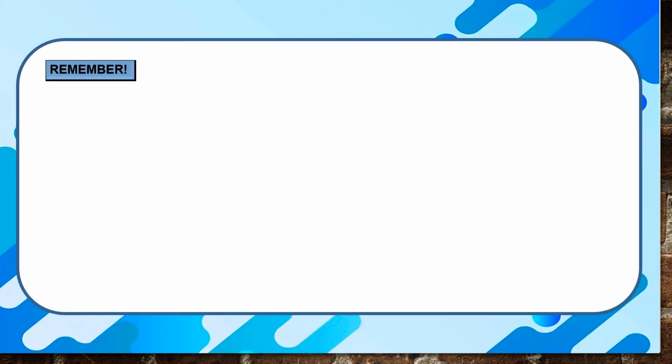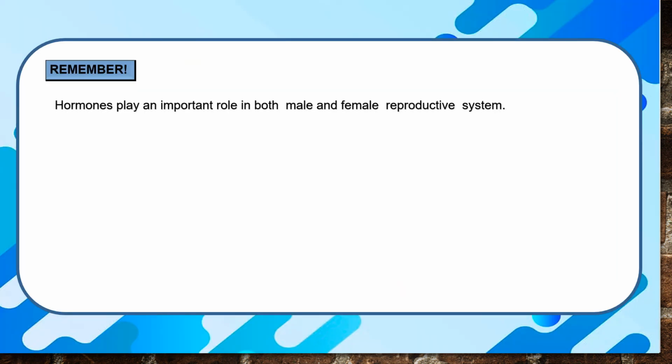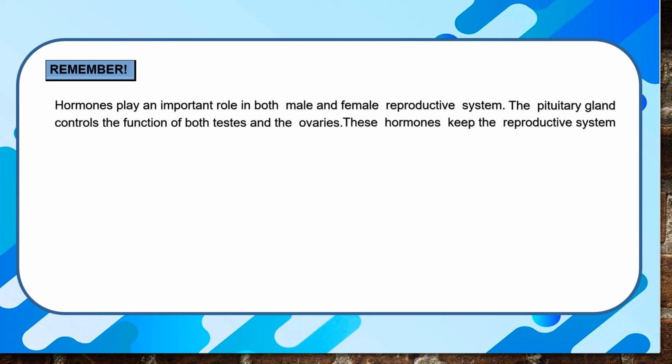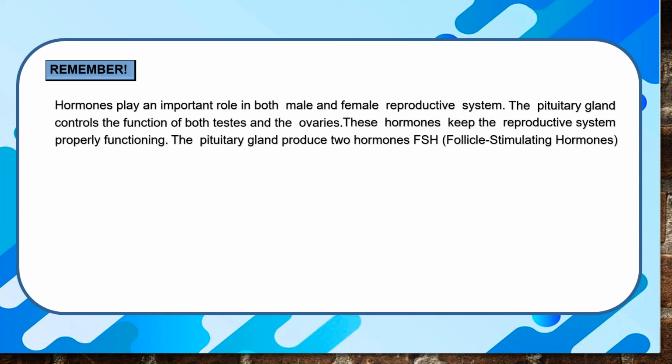Always remember, hormones play an important role in both male and female reproductive systems. The pituitary gland controls the function of both the testes and the ovaries. These hormones keep the reproductive system properly functioning. The pituitary gland produces two hormones, FSH or follicle-stimulating hormone and LH or luteinizing hormone.